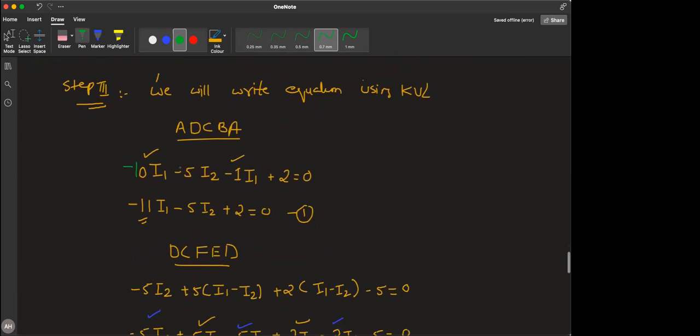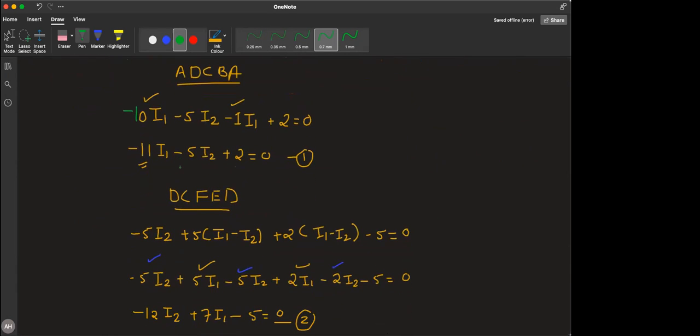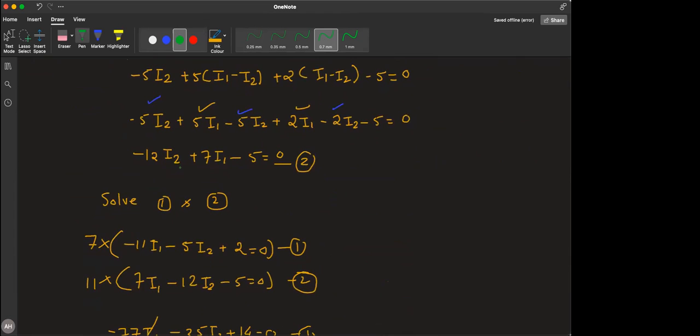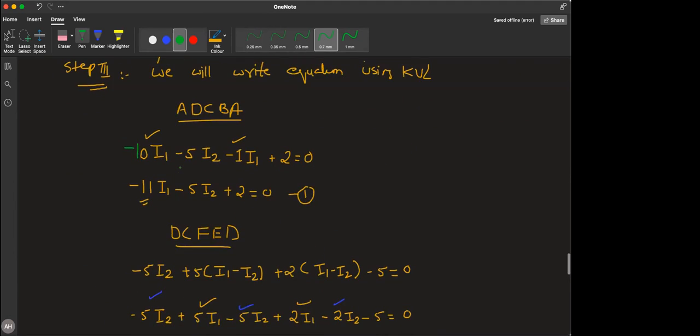Just scrolling. Nabil Khan, is it clear now? Wait a minute. Can you go up? Can you go to step 2, sir? Step 2, yes.